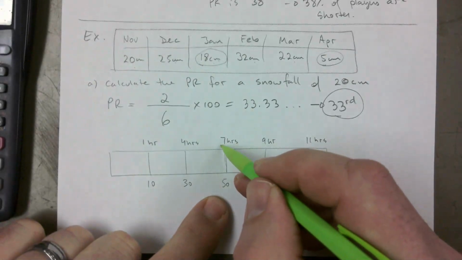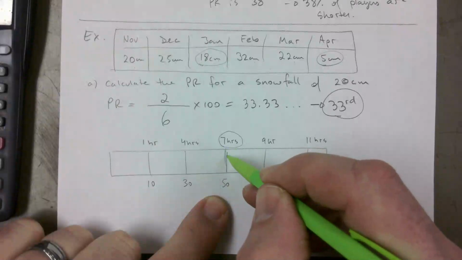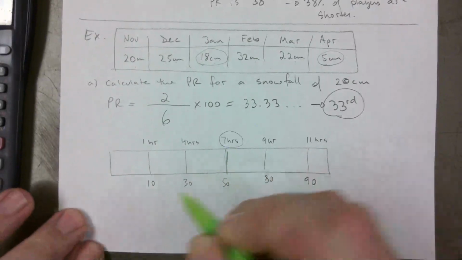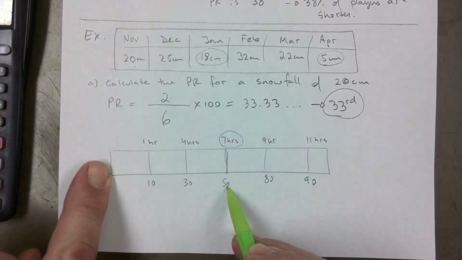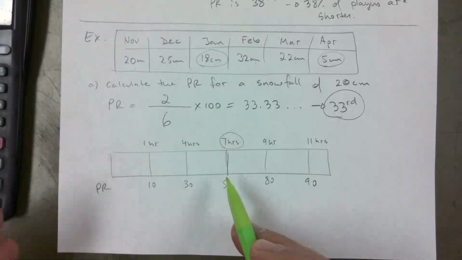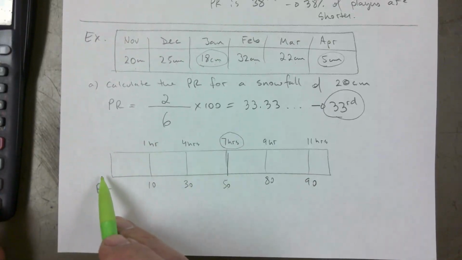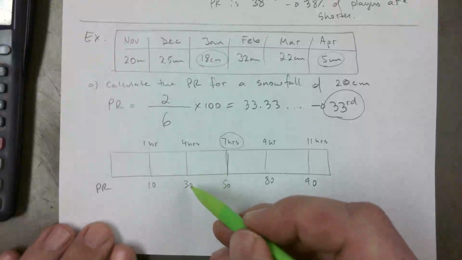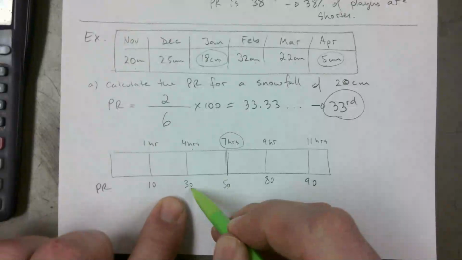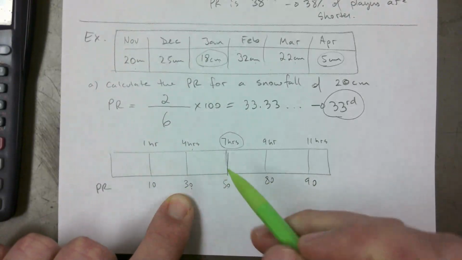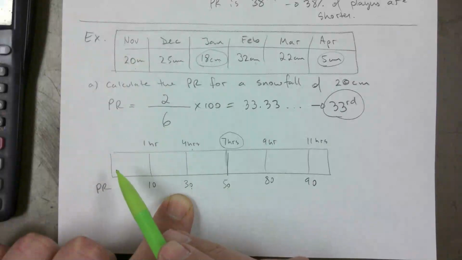So a screen time of 7 hours would put you in the 50th percentile. So this is percentile rank, which means 50% of people that participated in the survey have less than 7 hours of screen time. Right? A 4-hour screen time puts you in the 30th percentile, which means 30% of people spend less than that.